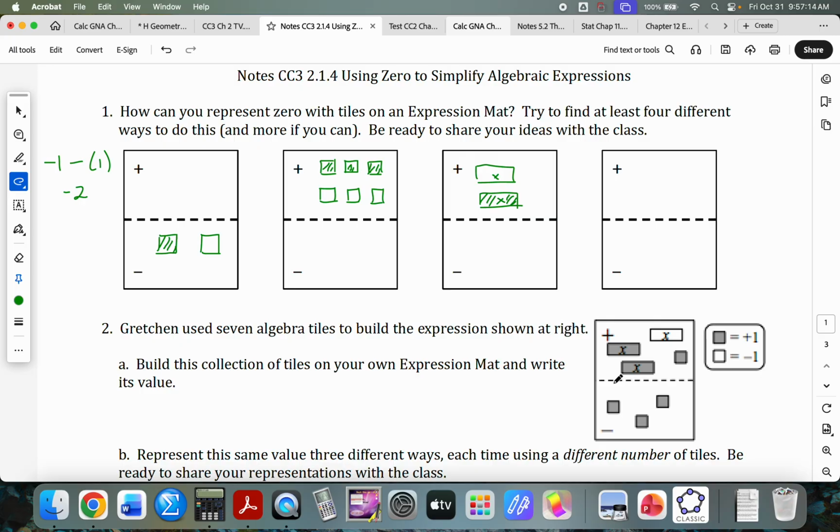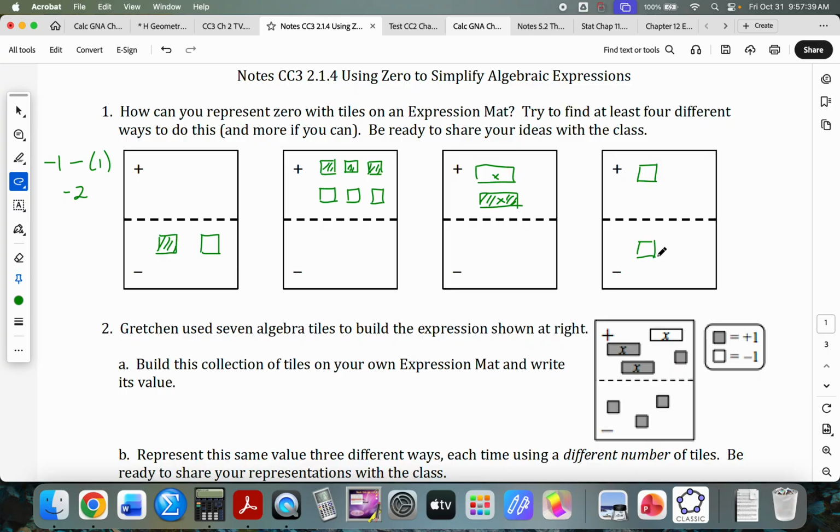Who's in desk 12? I have a negative unit tile in the positive, and then a -1 in the negative section. Yes. This also makes 0.